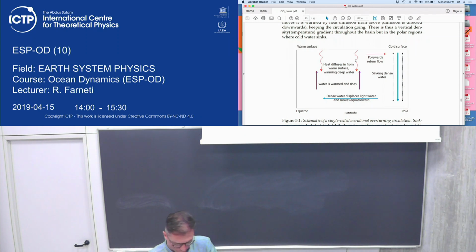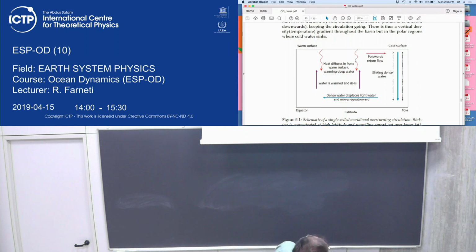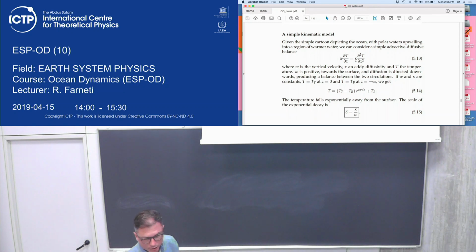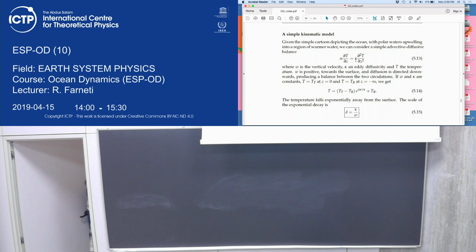At some point there will be a balance between this upward movement and diffusion processes, and where it stops is where you would form the thermocline. So we did a simple kinematic model looking at this advective-diffusive process. You have a vertical velocity on the left hand side and a diffusion on the right hand side.